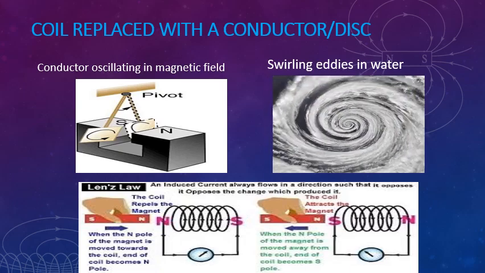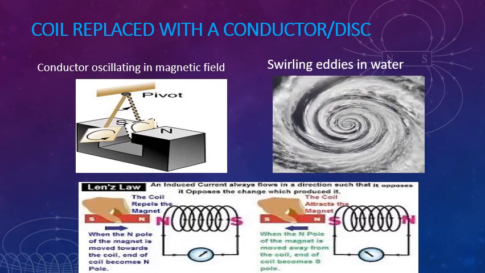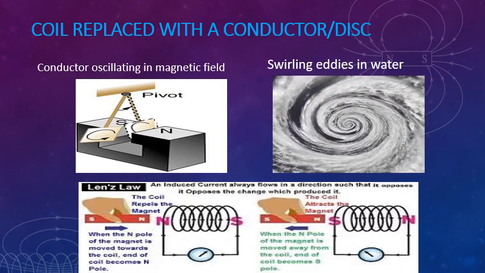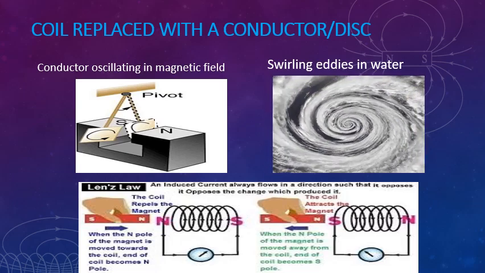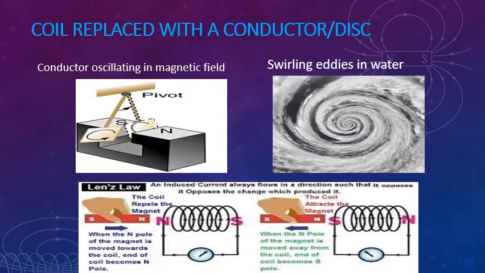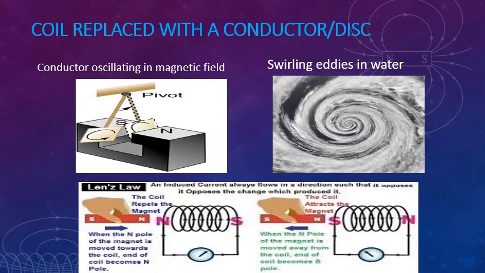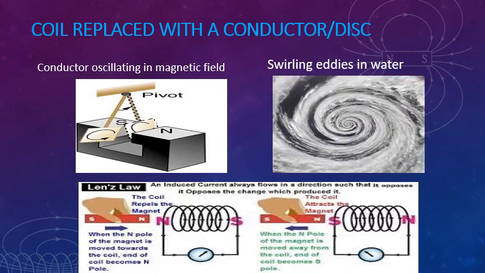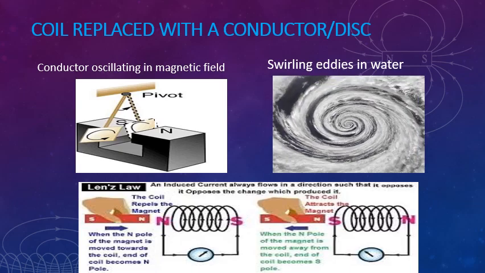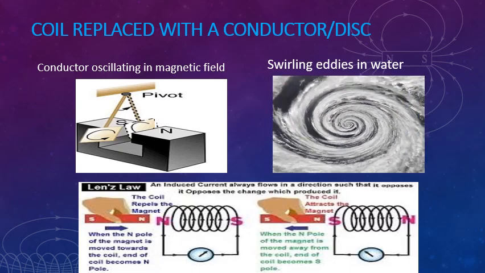This is because eddy currents are set up due to the oscillation of the conductor in the magnetic field. The eddy current tends to oppose the motion of the conductor and finally brings it to rest. This kind of opposition offered by the eddy current to the motion of the system is called electromagnetic damping. Note that there is no magnetic damping on a non-conducting plate.